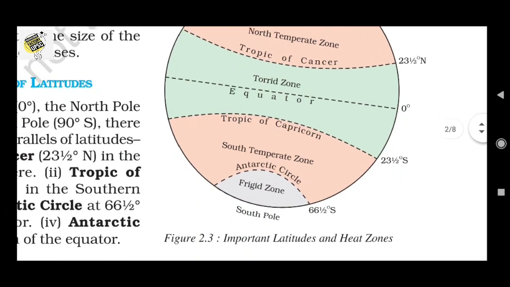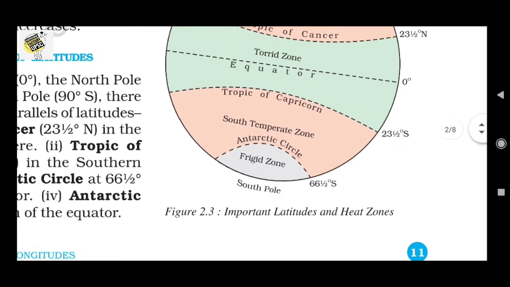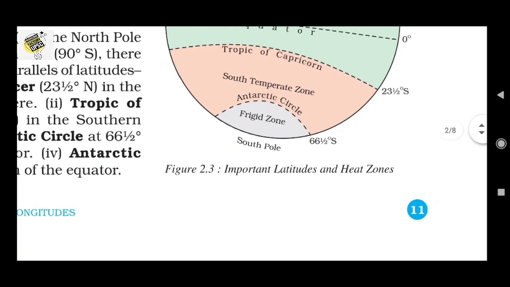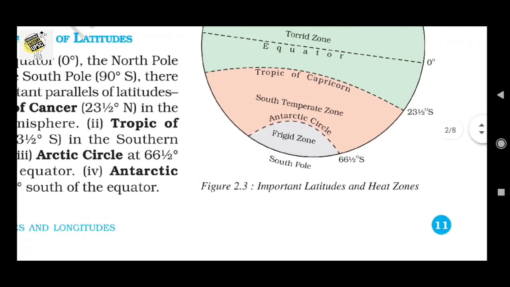Okay, and below this equator there is the Tropic of Capricorn, which is 23.5 degrees south, and below the Tropic of Capricorn there is the Antarctic Circle, which is 66.5 degrees south, and at last there is the South Pole, which is 90 degrees south.